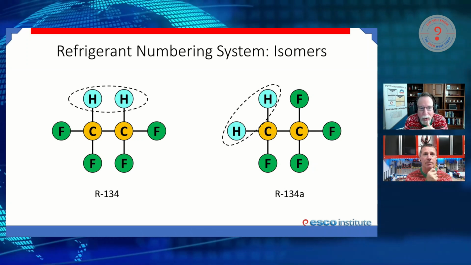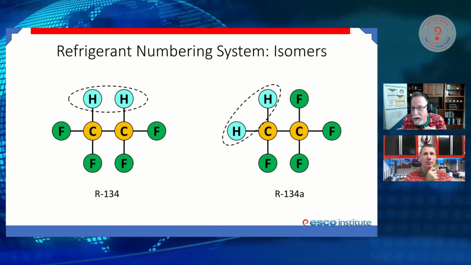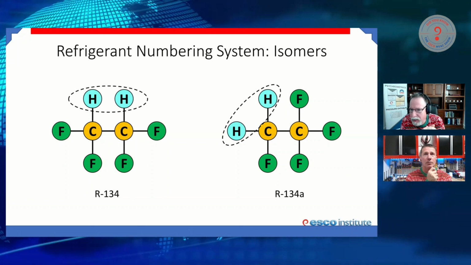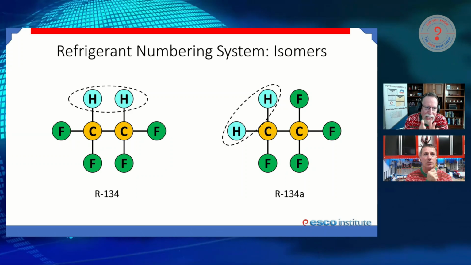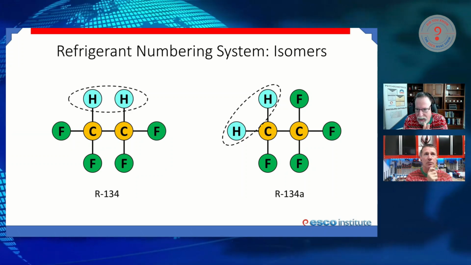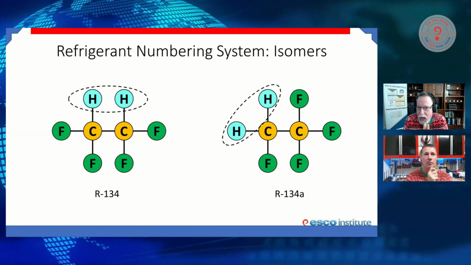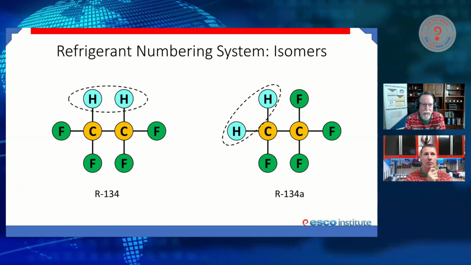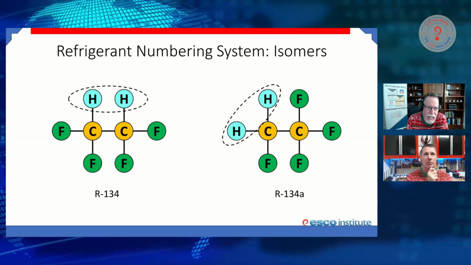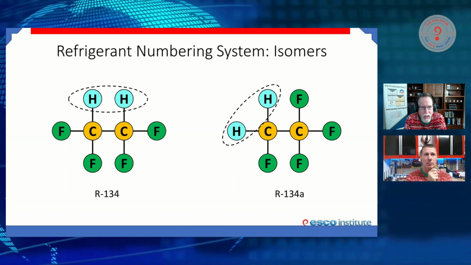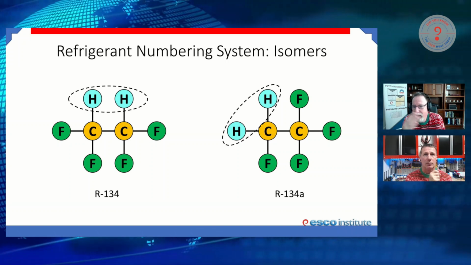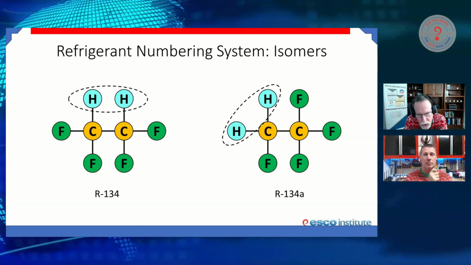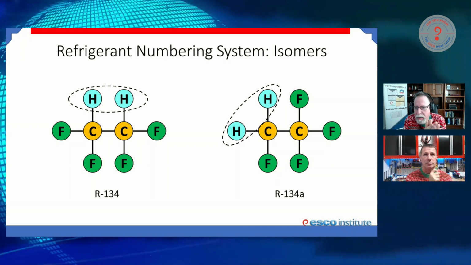So, for example, if we had R134, forget about the lowercase a. R134a means that it is the most symmetric combination of atoms making that molecule. So if you look on the left, you'll see that one hydrogen atom is bonded to one carbon atom and the other hydrogen atom is bonded to the other carbon. If we took that molecule and folded it, it would be perfectly symmetrical.